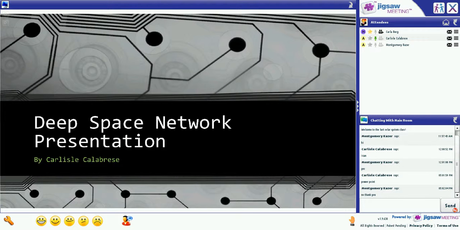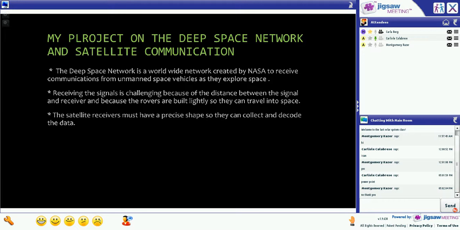I decided to do my project on the satellite. Turn to the next slide, please. Now, I decided to do my project on the satellite communications of the Deep Space Network. The Deep Space Network is a worldwide network created by NASA to receive communications from unmanned space vehicles that explore the solar system.